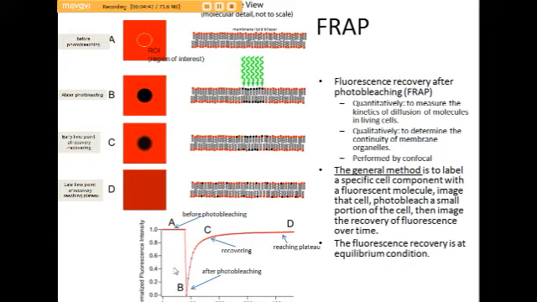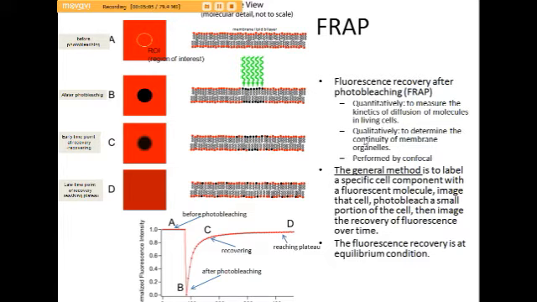This is the recovery curve. This is the plateau. We can use FRAP to quantitatively measure the kinetics of diffusion of molecules in living cells.